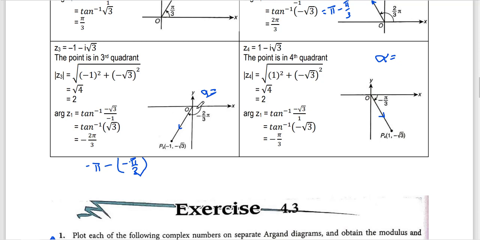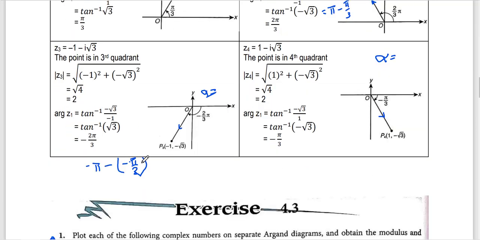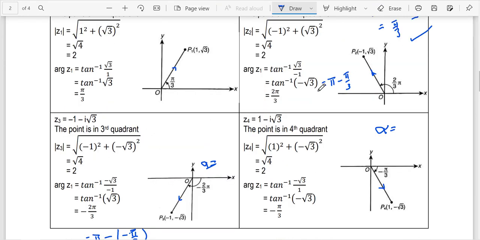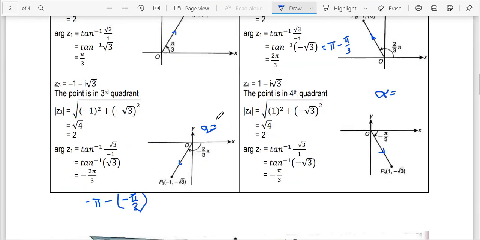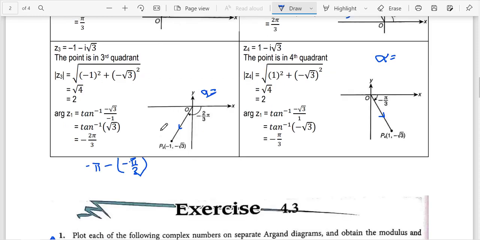If at the bottom here, you must use negative pi minus pi/3, because you have to change to negative pi already. So here is pi/3, and at the bottom is negative pi/3, because at the bottom.